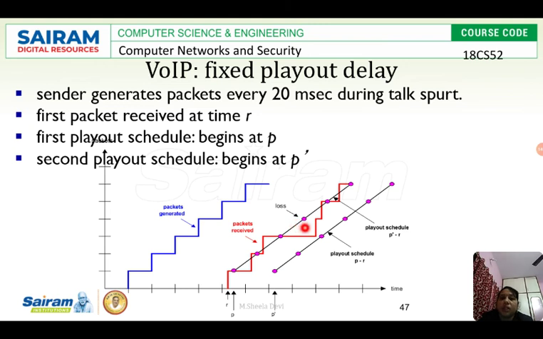If a packet arrives after some time, then in my schedule my packet will be lost. As I said, the first packet is hi, the second packet is how, the third packet is r, and the fourth packet is u. Okay, these are the packets. So hi came, how came, r came, but u is lost.